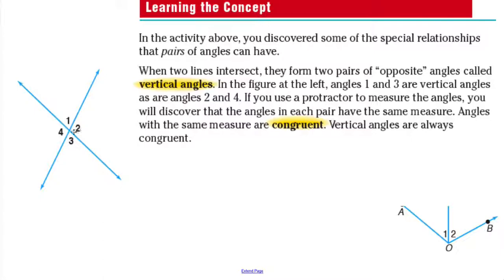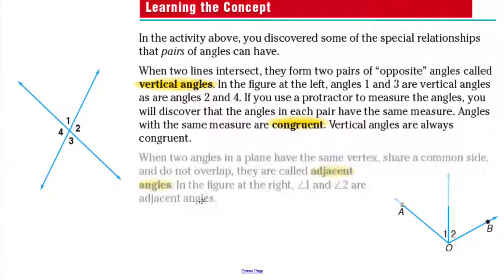Angles 2 and 4 are also vertical angles. If you use a protractor to measure them, you'll discover that the angles in each pair have the same measure. Angles with the same measure are congruent. Again, the word congruent means same measure. So vertical angles are always congruent. Angles 1 and 3 are congruent angles, and angles 2 and 4 are congruent angles.